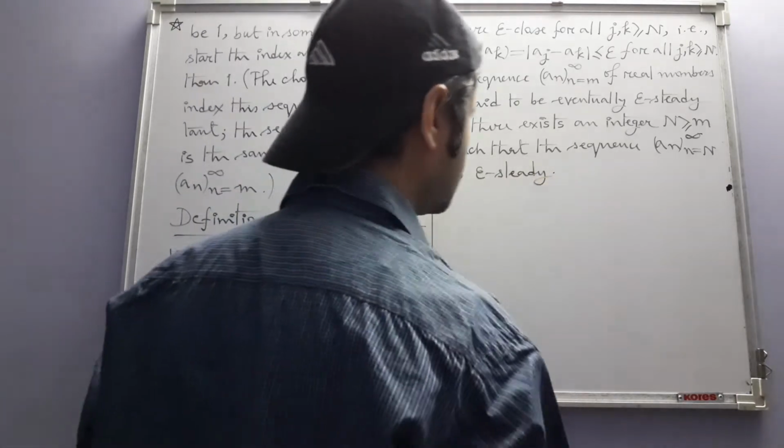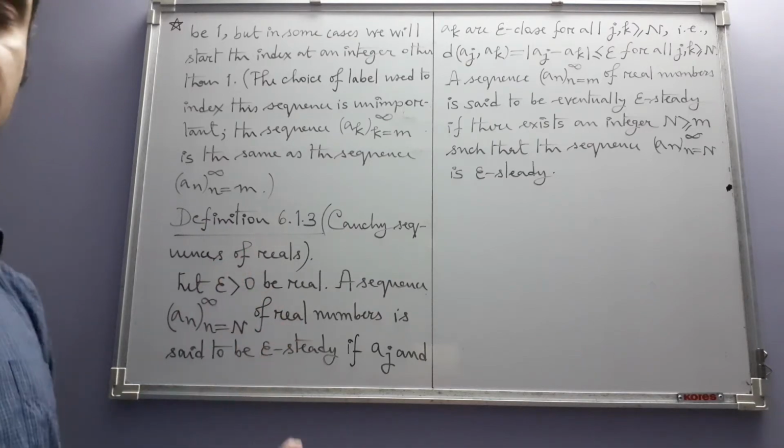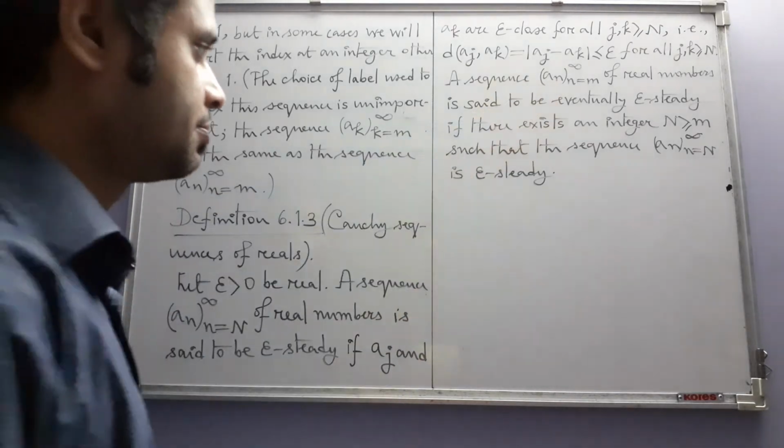If this happens, then we say that the original sequence is eventually epsilon steady.